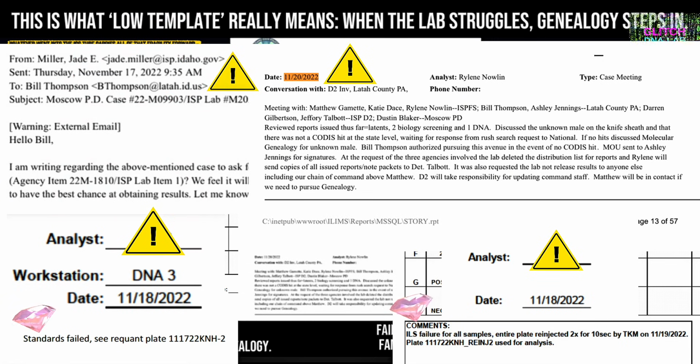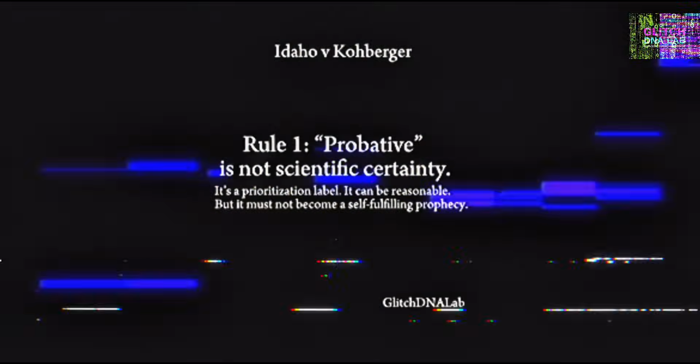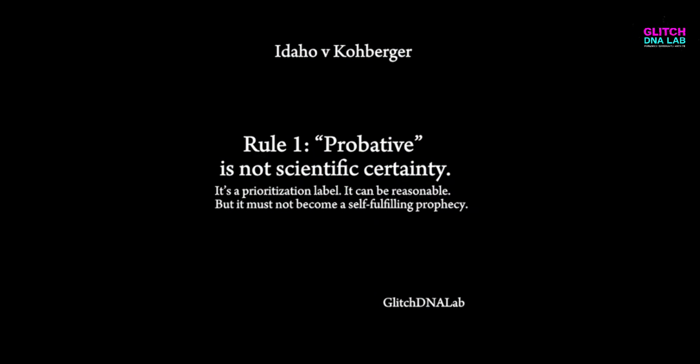In forensic work, context matters because context influences what gets prioritized, repeated, and escalated. If the lab was told the sheath was probative and investigators already believed other biological or blood evidence wasn't, the system starts with a story.